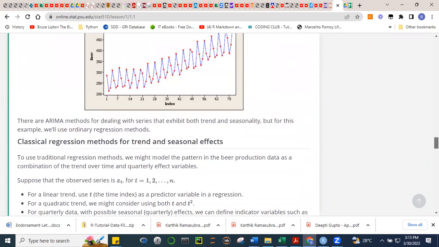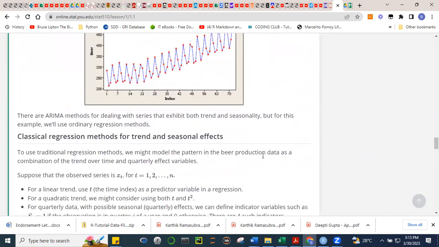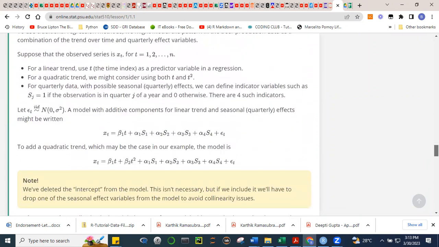If we use ordinary regression methods, this is our regression: X sub t is beta 1 times t, plus alpha 1 times the first seasonality, the second seasonality, the third seasonality, the fourth seasonality. This is for the season, and this is for the trend, plus epsilon sub t.